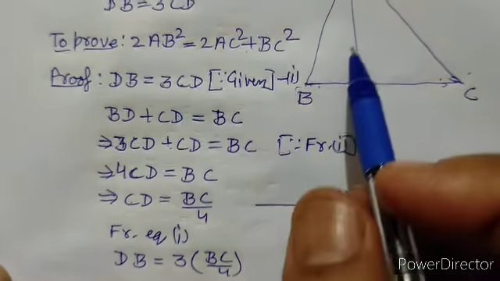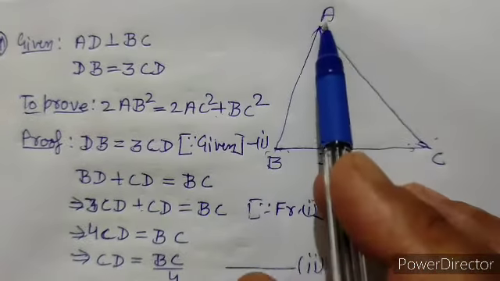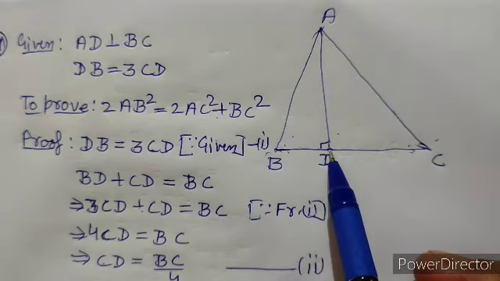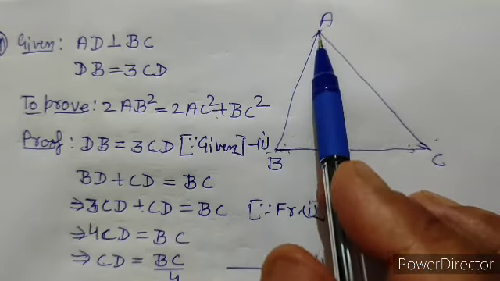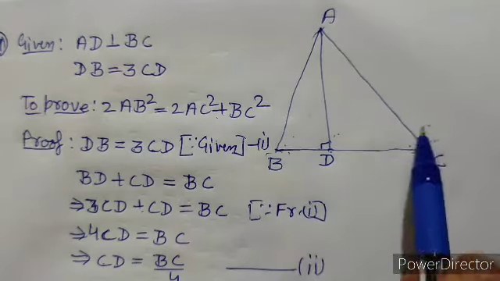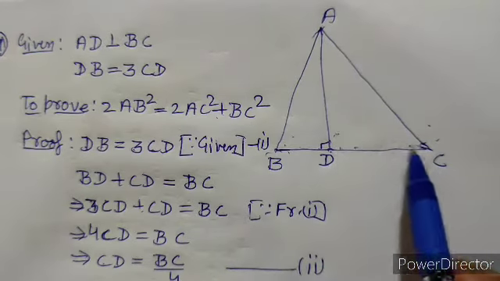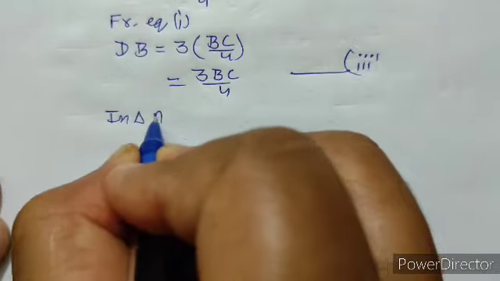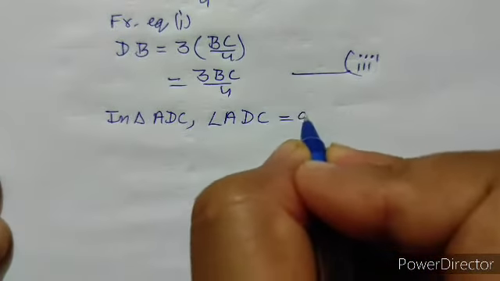Now here we have to find the value of AB square, and as we know AB square will be equal to AD square plus BD square. So we will eliminate AD by writing it in terms of AC and DC from triangle ADC. In triangle ADC, angle ADC is of 90 degree.